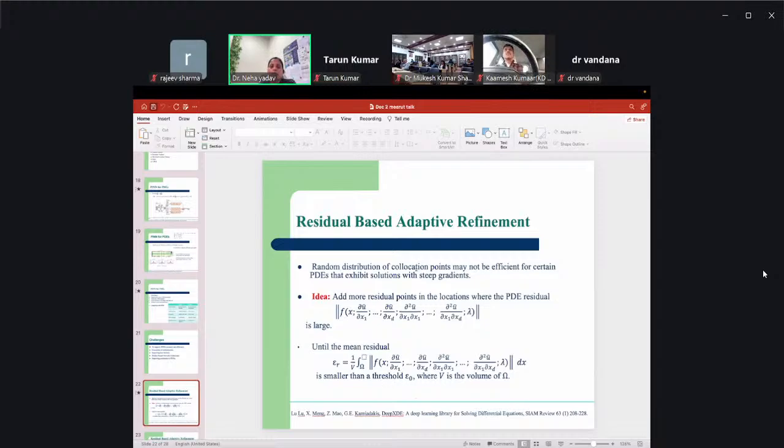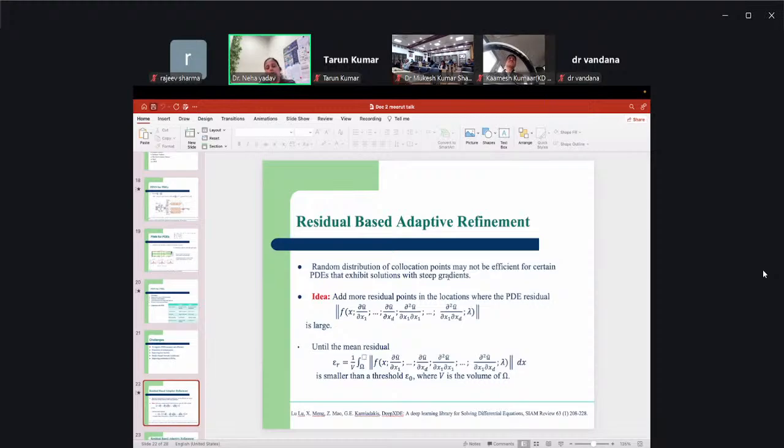In some cases, the residual at some points is more than the residual at other collocation points. So in residual based adaptive refinement, first of all, we train the network with some set of collocation points, then calculate the residual at those collocation points, and see the points where the PDE residuals are higher.